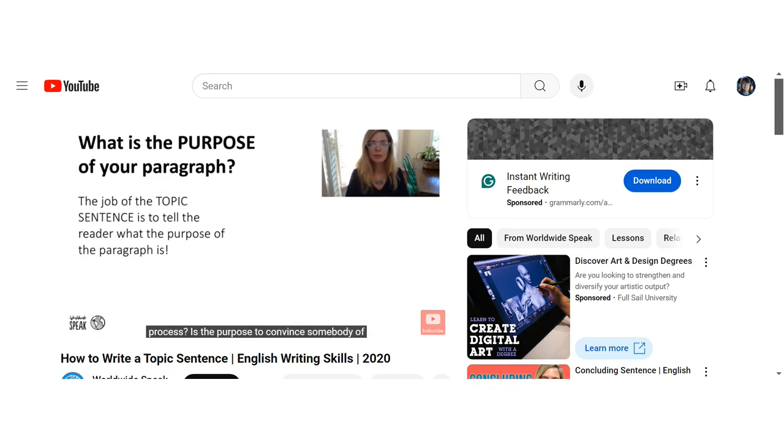Is the purpose to convince somebody of your opinion? You need to know that before you begin writing your topic sentence so you can be certain that your topic sentence tells the reader exactly what's going to be in that paragraph, and you know the purpose or the job of that paragraph is to talk about the topic and focus on your controlling idea.